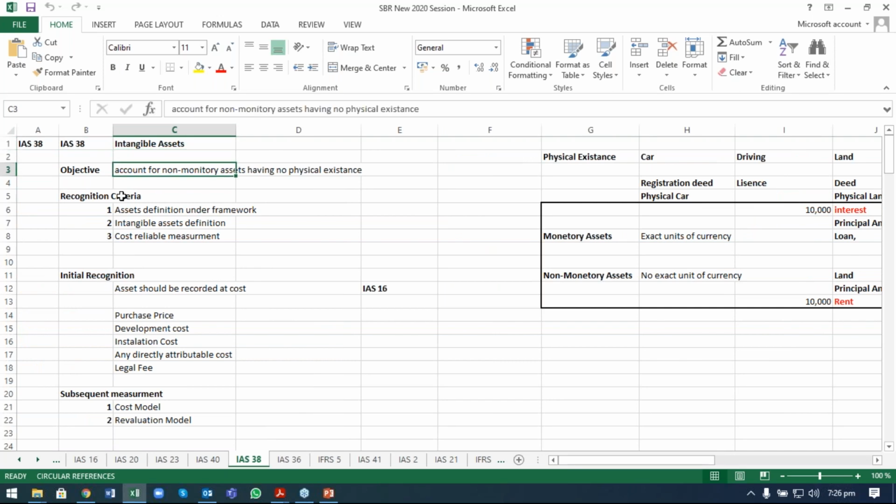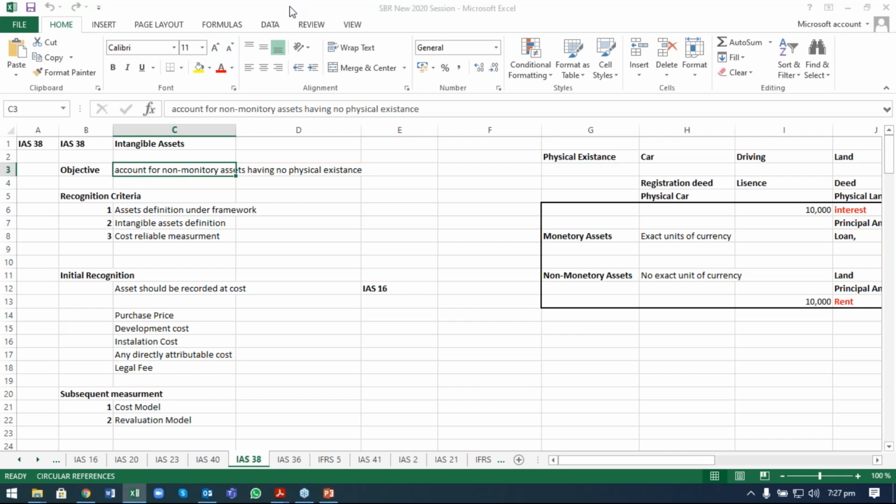The main objective of IAS 38 is to account for non-monetary assets having no physical existence. So it accounts for only those assets which don't have a physical existence, and those are non-monetary in nature. Is it clear to all of you? They must be non-monetary in nature and they must have no physical existence.